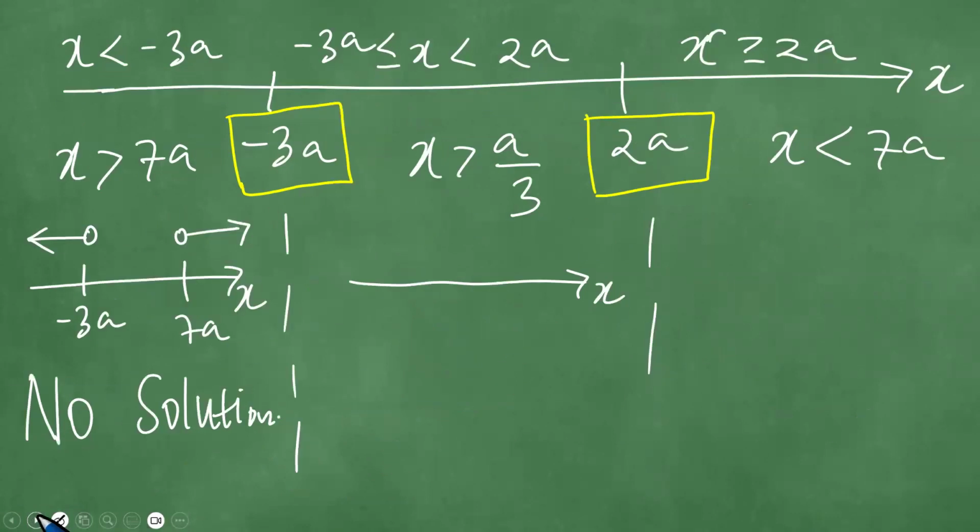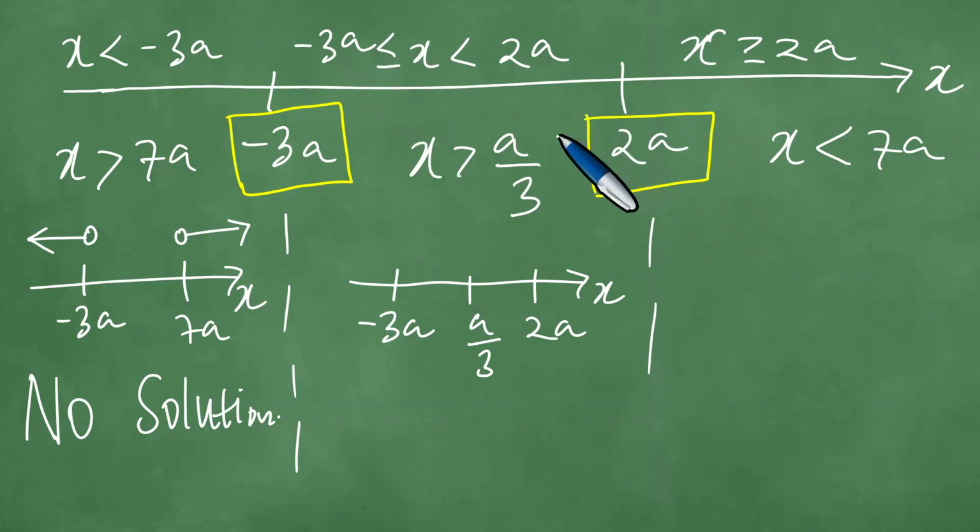With the minus 3a, then we position our numbers very, very carefully. So we'd have minus 3a, then we have a over 3, then we have 2a. We are looking for the parts where x lies between minus 3a and 2a.